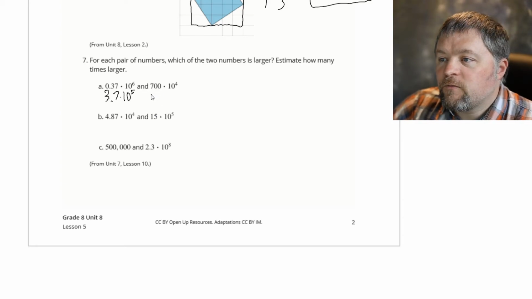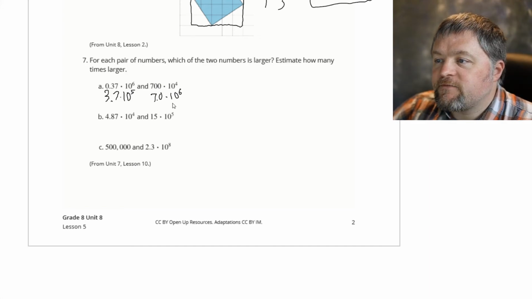Now this one we want to be 7.0 times 10 to the power of... Well, our decimal point here, we moved it 2 spots. If we move that 2 spots, this was 4, it will become 6. So 3.7 times 10 to the 5 and 7 times 10 to the 6.